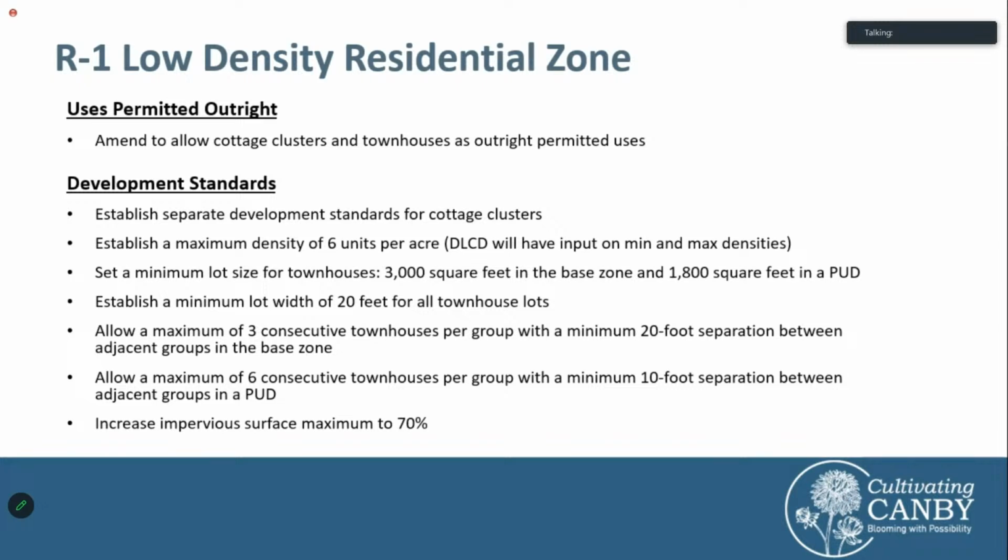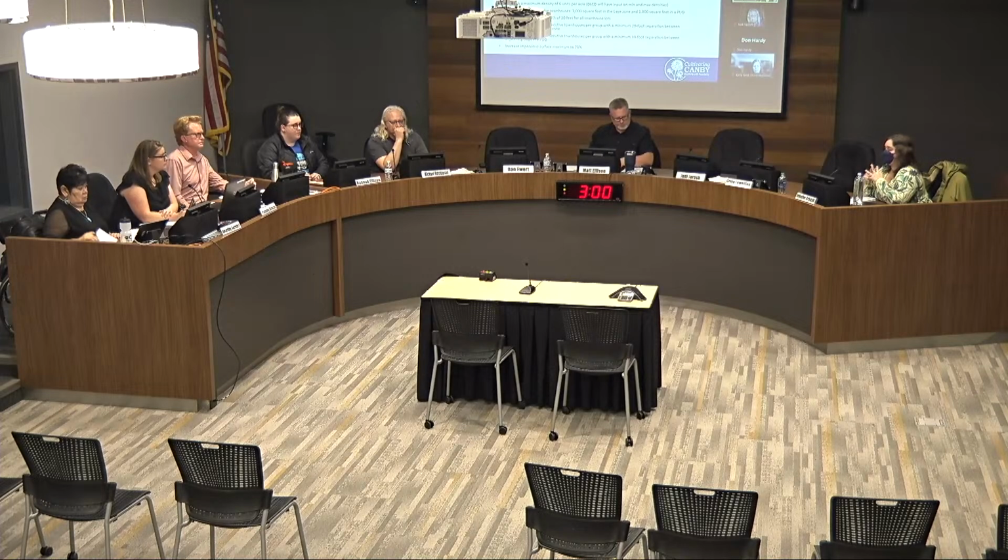May I ask a question? Of course. Something I don't understand about these proposals is, when we're talking about setting a minimum lot size at 1,800 square feet, that would allow for 24 units per acre. And when we're talking about 6 consecutive townhouses per group, that's basically what would otherwise be qualified as this maximum density of 6 units per acre.